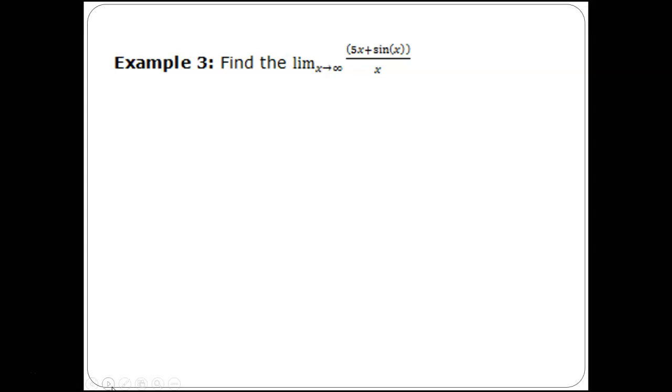Similar type of problem, right? We have the limit as x approaches infinity of 5x plus sine x over x. So it's helpful to know those limit laws that say I can take a fraction and break it into two parts.